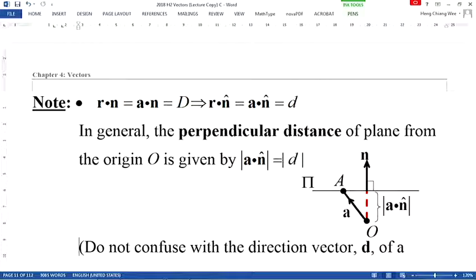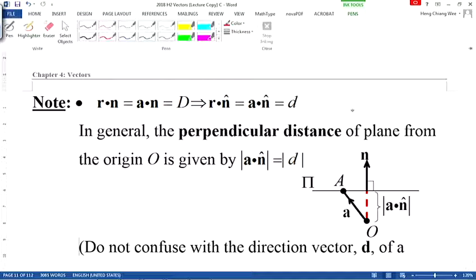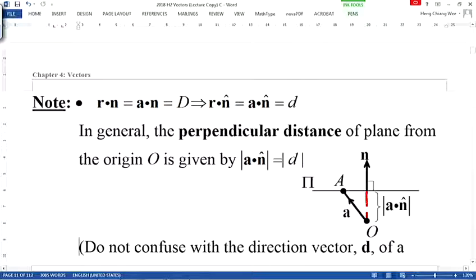If you look at this diagram, this is the side view of the plane, with reference to the origin. This distance here is the adjacent to this angle, and theta is the angle between OA and the normal. So in some sense, you're projecting OA onto the normal, and this gives you the perpendicular distance.